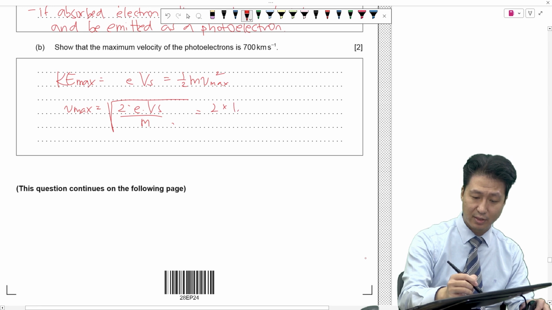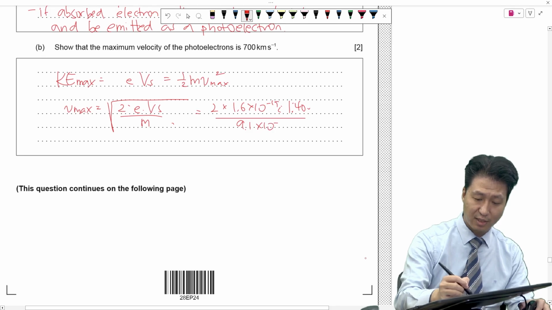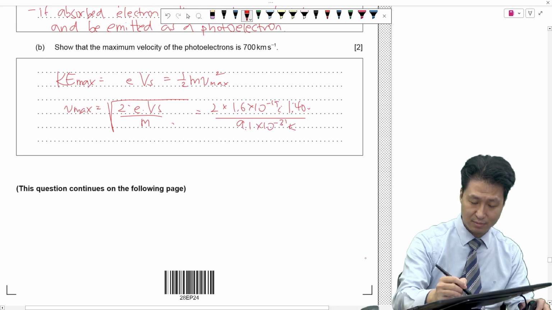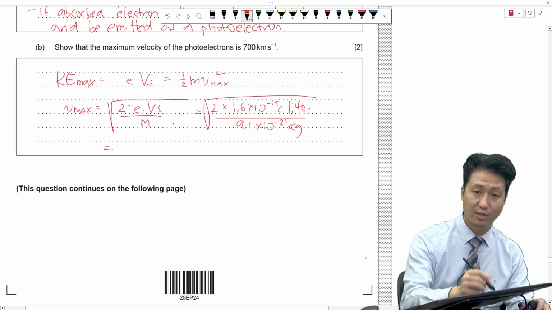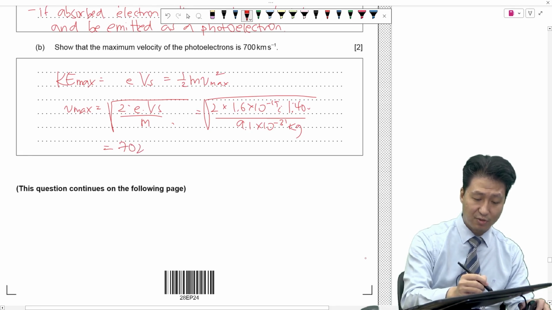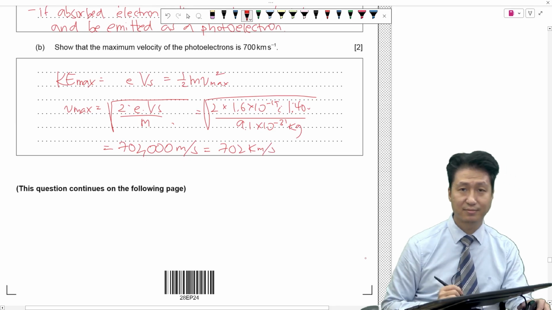So it's 2 times 1.6 times 10 to the negative 19 times the stopping voltage of 1.4 volts divided by 9.1 times 10 to the negative 31 kilograms for the mass of the electron. Everything under the square root. This would give you about 702,000 meters per second, which is 702 kilometers per second.